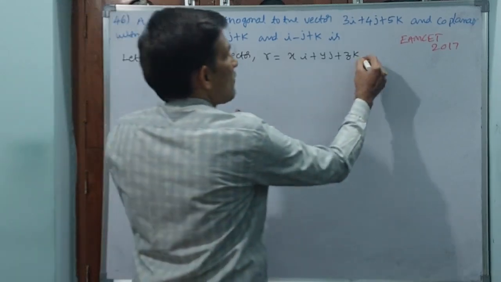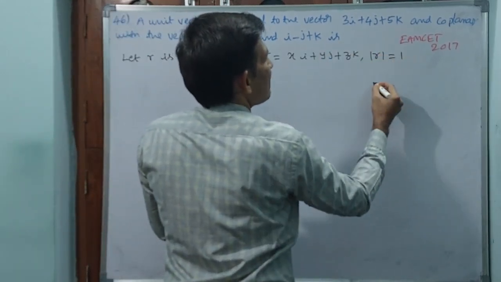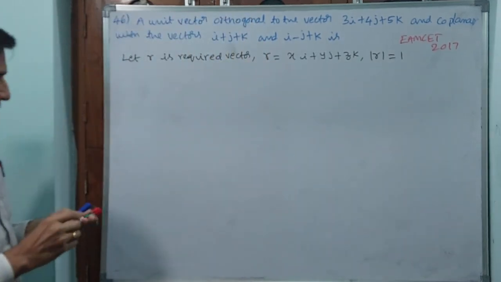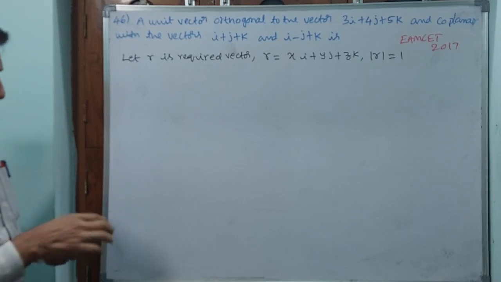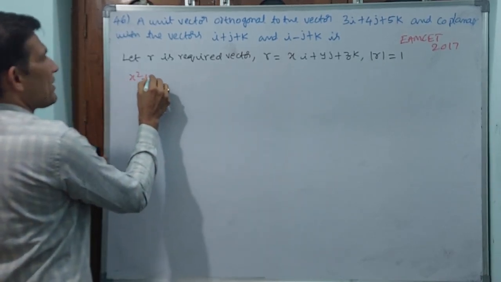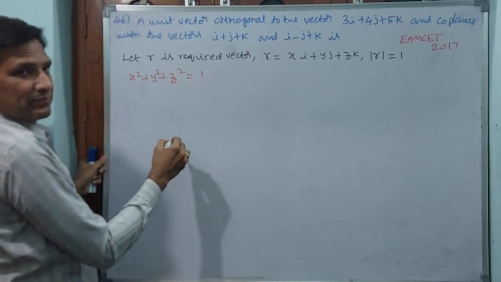And also from the first line, modulus R is equal to 1, that means x square plus y square plus z square is equal to 1 square.